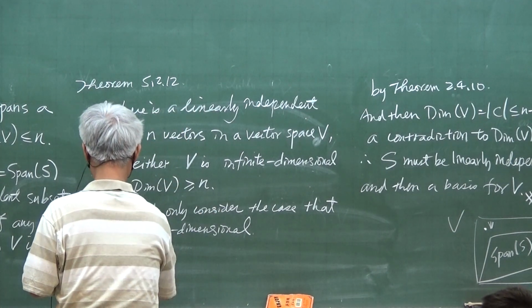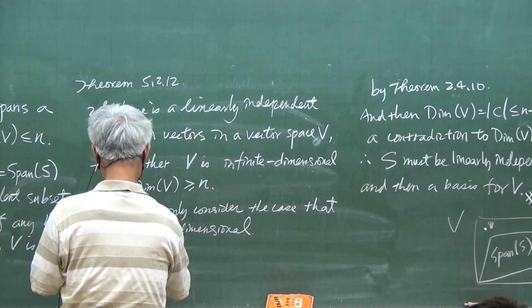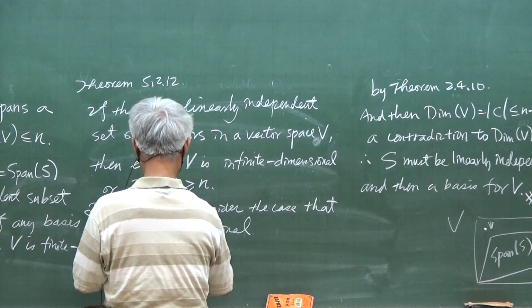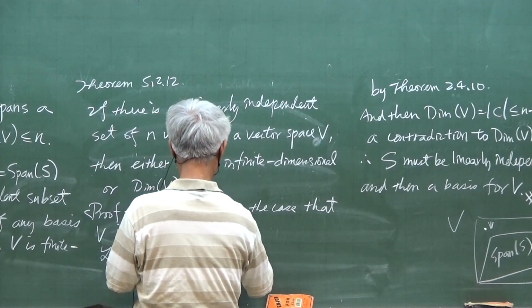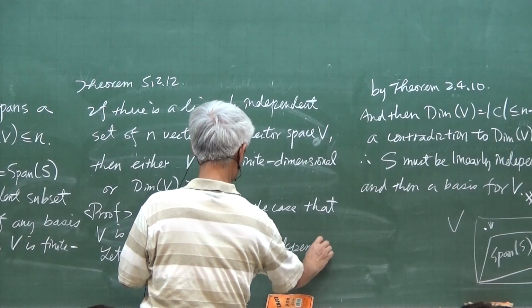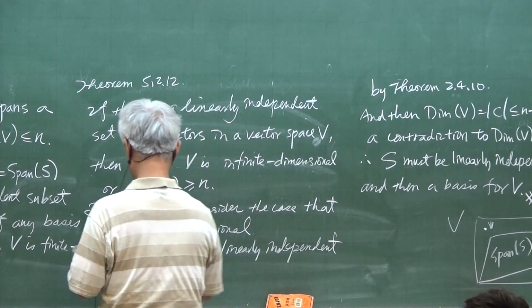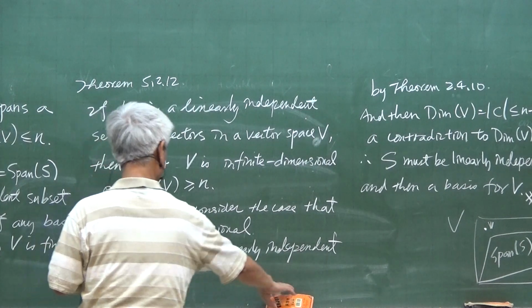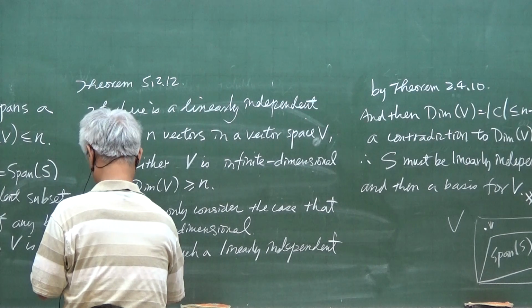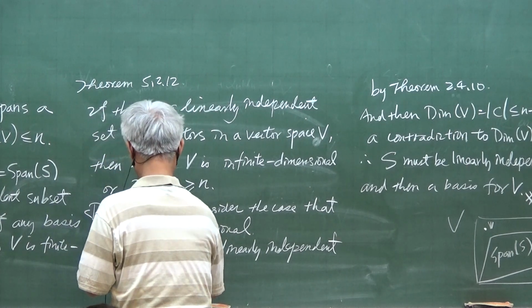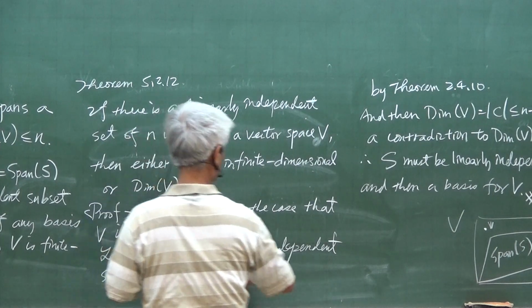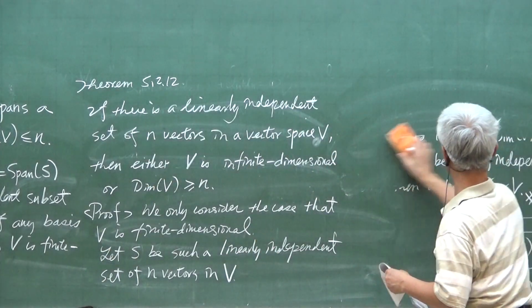Okay, so now let S be such a linearly independent set of n vectors in V. Right? So suppose it's such a set.